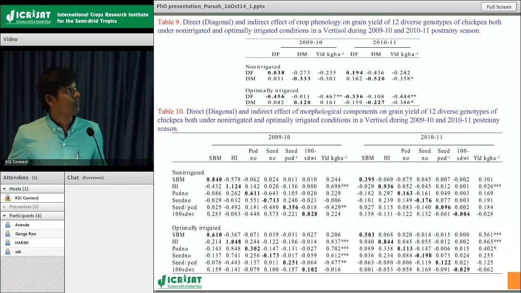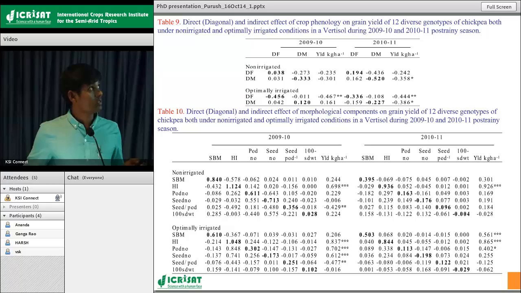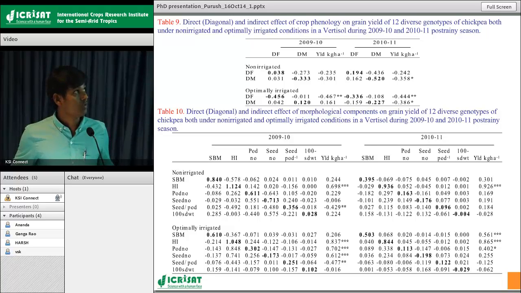While dissecting the yield components, when we talk about phenology, it had a negative contribution to grain yield. As I mentioned, the genotypes that you have selected were very close in phenology, so we wouldn't expect a positive relationship with days to flowering in this condition.